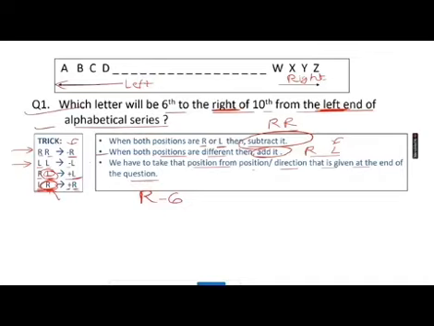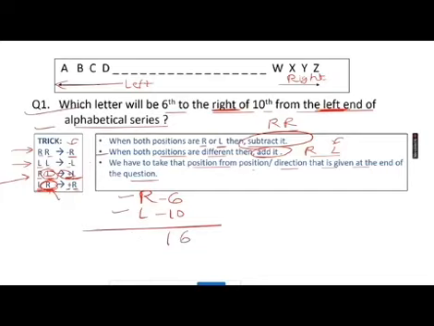of the 10th from the left end. In this case, both the directions are given to you in opposite directions. One is right and the other one is left, so both the directions are different. In that case, what you have to do is add the positions. So we are adding it and we are getting the value that is 16.